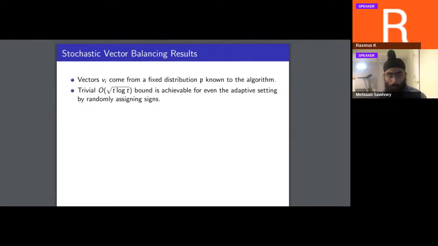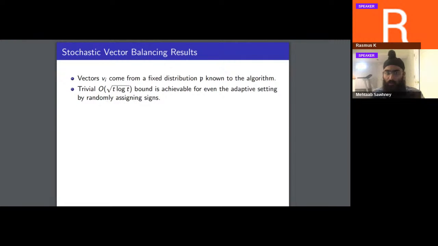Note that there's a trivial way to get square root t or square root t log t. Basically, if you want just square root t log t, you can randomly assign signs, and even in the adaptive setting, this works.